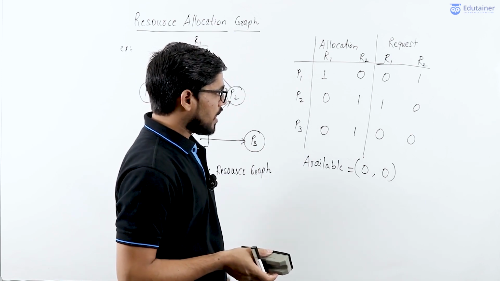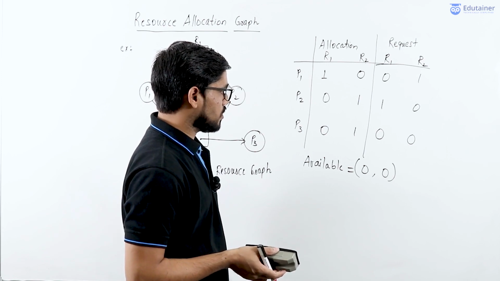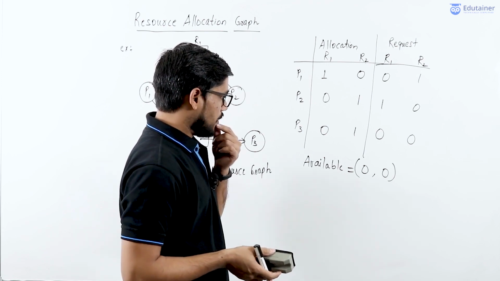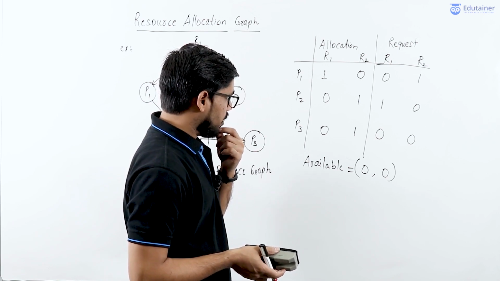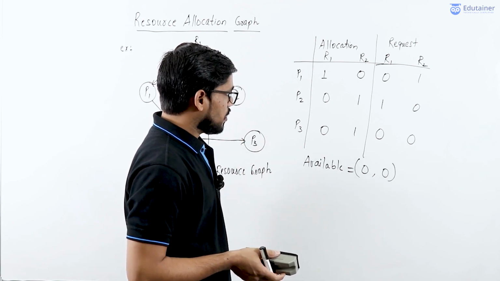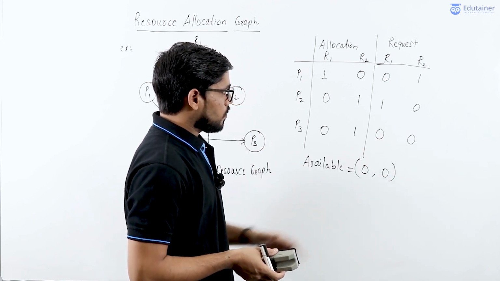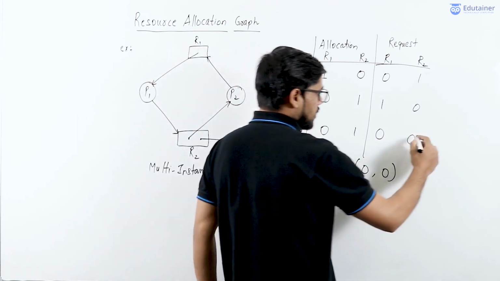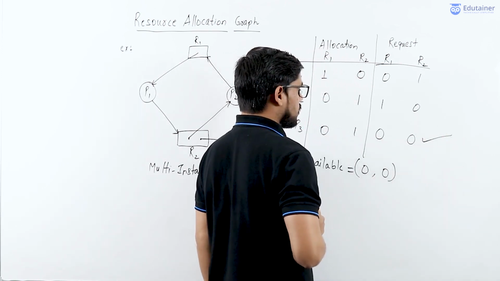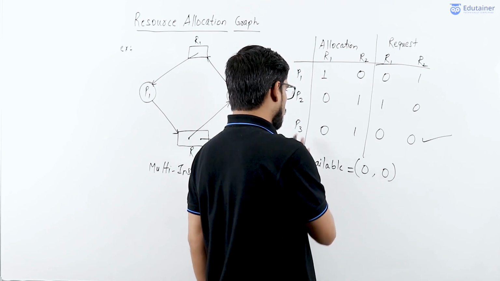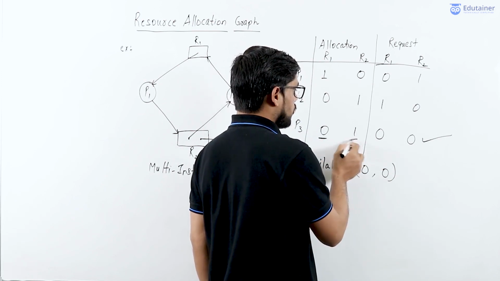So it looks as if we cannot satisfy the request because the current available resource is 0 and 0. But if you observe carefully here, process P3 does not request any resource. Here the value is 0, 0. So we can satisfy the request of process P3, and after that it will free up the R2 resource.